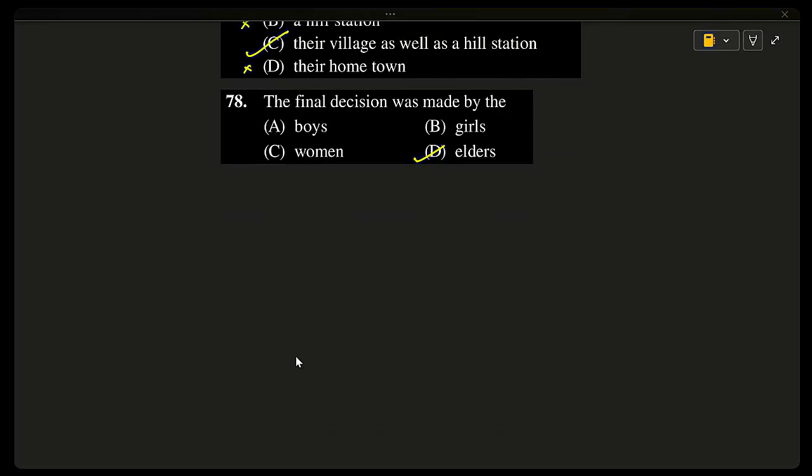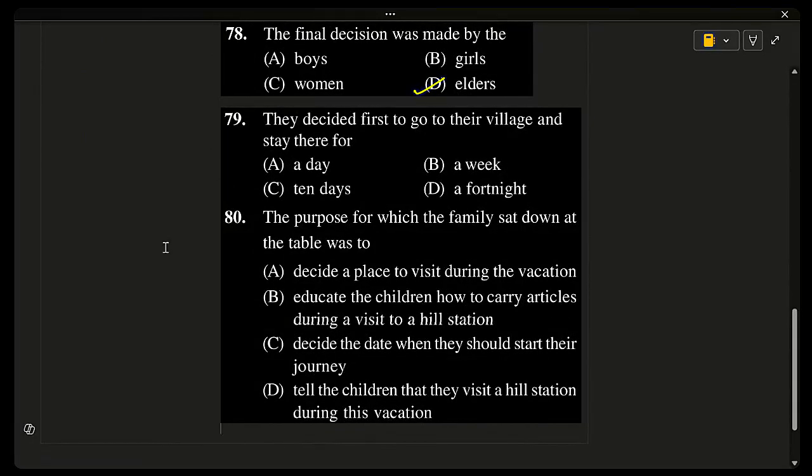Now, 79 and 80 we will take. 79th one: they decided first to go to their village and stay for. So in the village they want to spend a week. We read that in the passage. So 79th one is B.